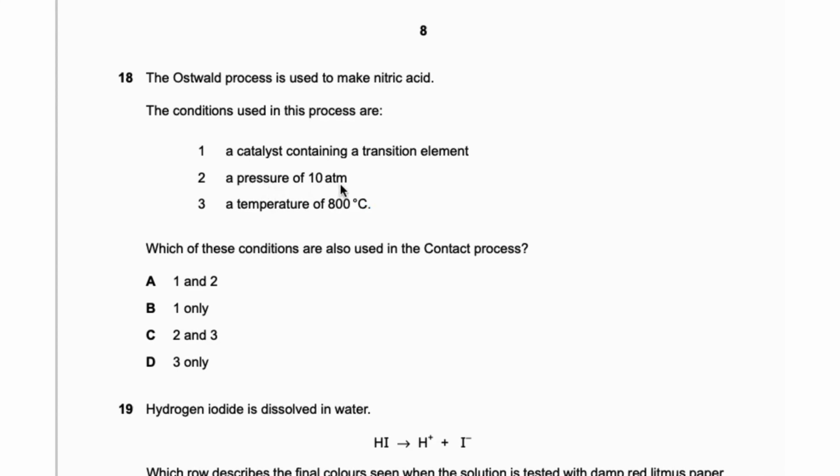A pressure of 10 atmospheres, no, because it is not required. A temperature of 800 degrees Celsius is not required. The answer is B.